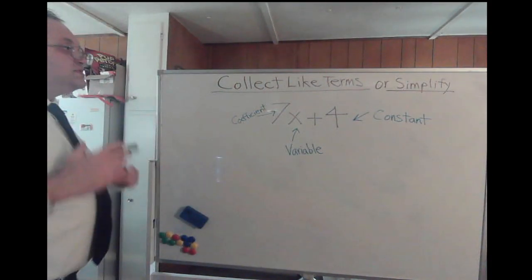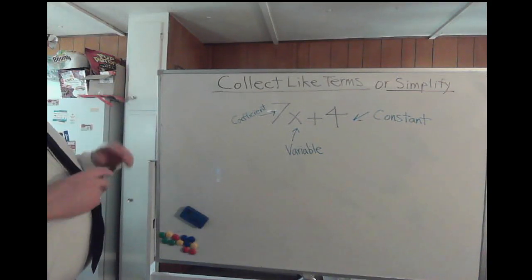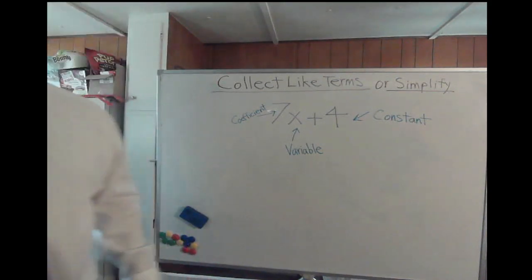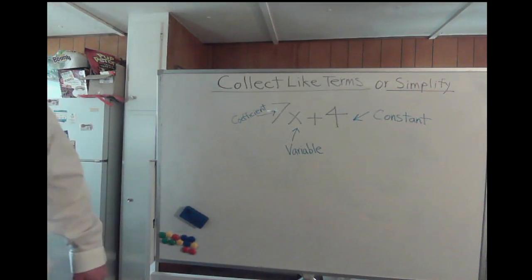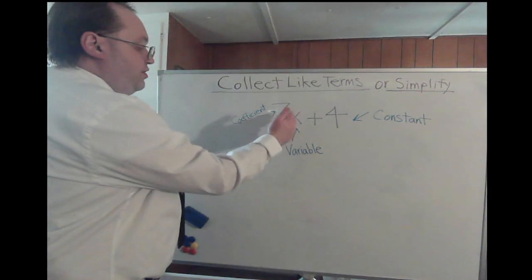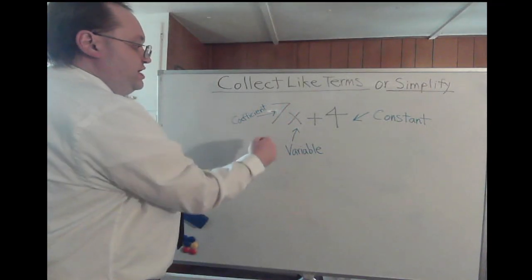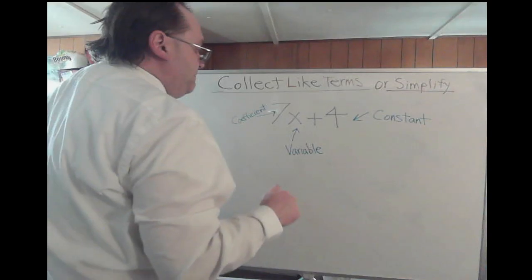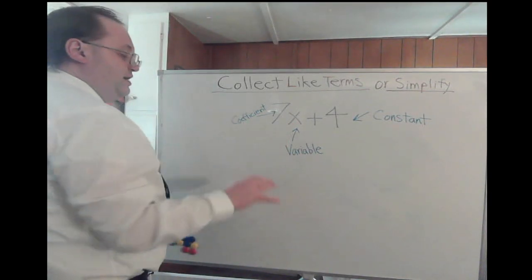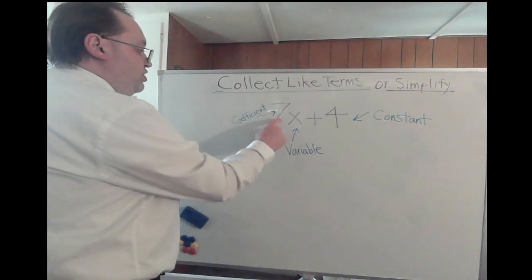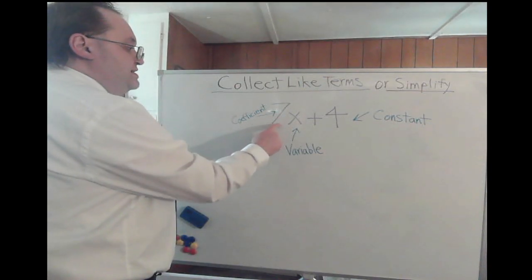Well, first things first, we have to understand about these types of equations, okay? Say you have your variable expression here, 7x plus 4, for example. Of course, x is your variable. And the term that's 7 on the x there, it's 7x.